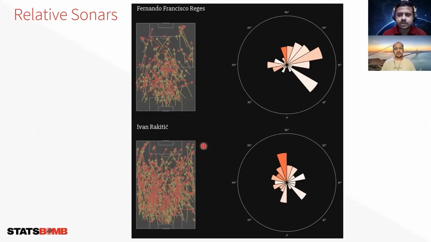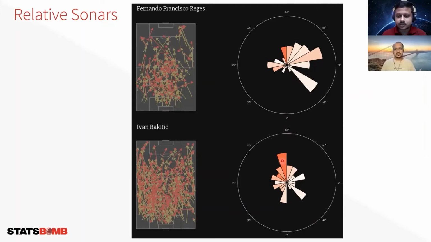A visual representation of this in terms of a relative sonar is shown on the right. We can see both these players have a high frequency of moving the ball in the direction the original pass came from. That's why the brightest red color is in the 180 degrees direction.